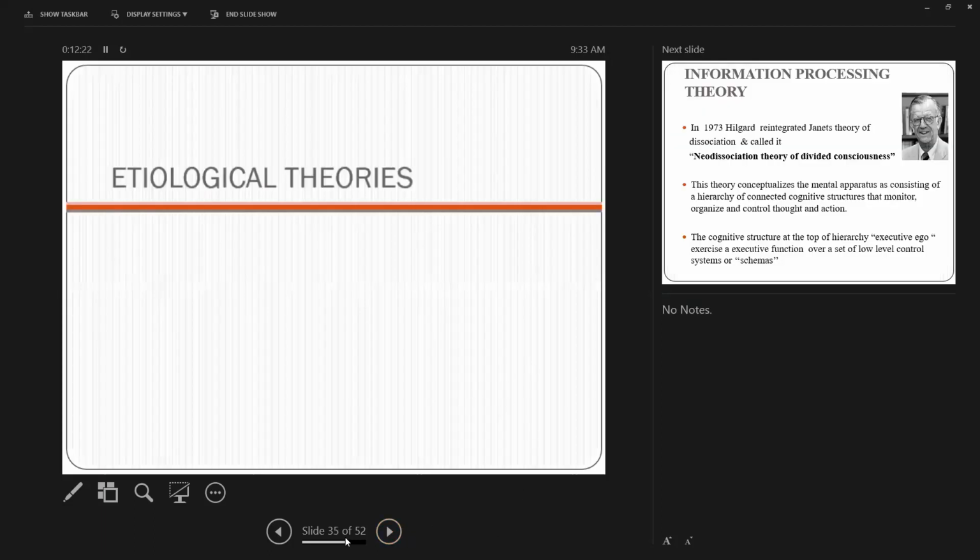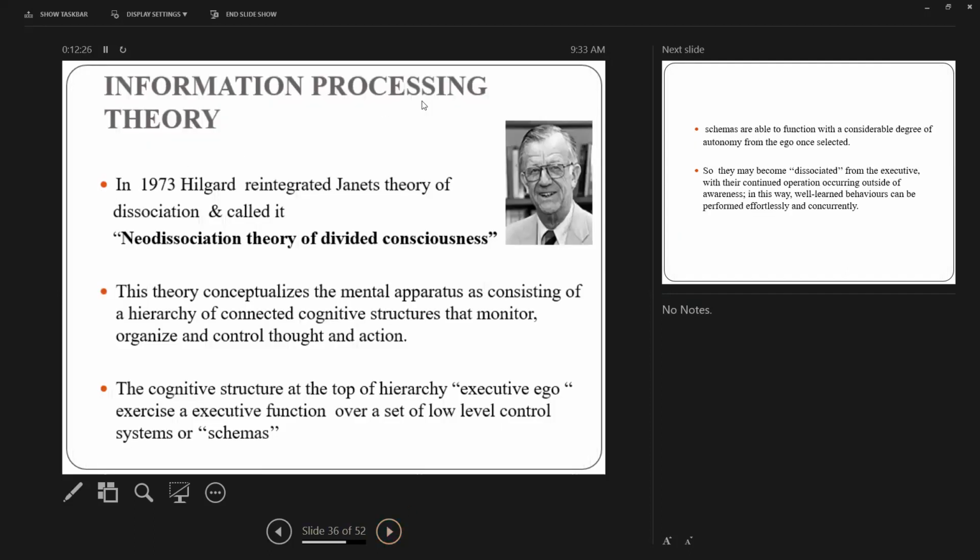Now, the various etiological theories for dissociation. First is information processing theory. It was given by Hilgard in 1973, and he called it the neo-dissociation theory of divided consciousness. This theory conceptualized that the mental apparatus consists of a hierarchy of connected cognitive structures that monitor, organize, and control thought and action.